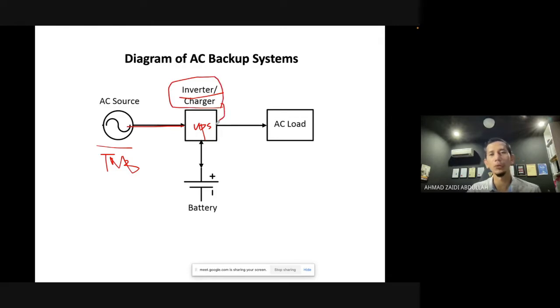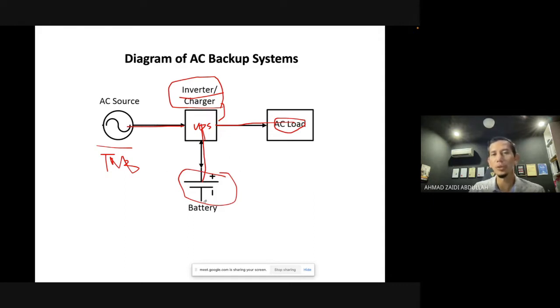And then from the UPS it is connected to the load, our normal load. And at the same time, the UPS is connected to the battery. During normal condition, the battery is charged.